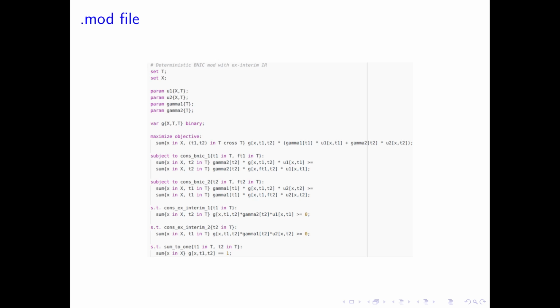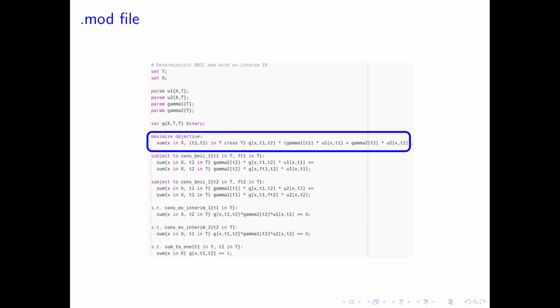This is the mod file that encodes the formulation we just saw. We have a set of types T and a set of outcomes X. Then we have two utility matrices and the two probability distributions over types. Then binary variables G are defined.